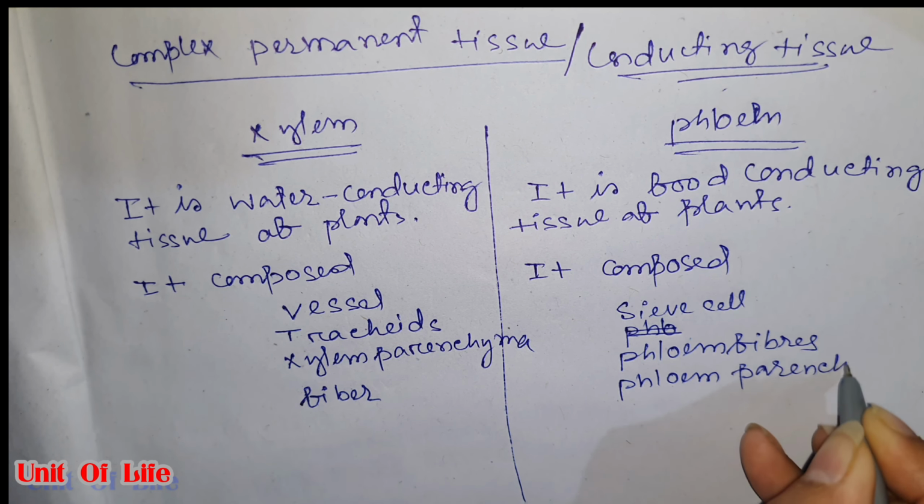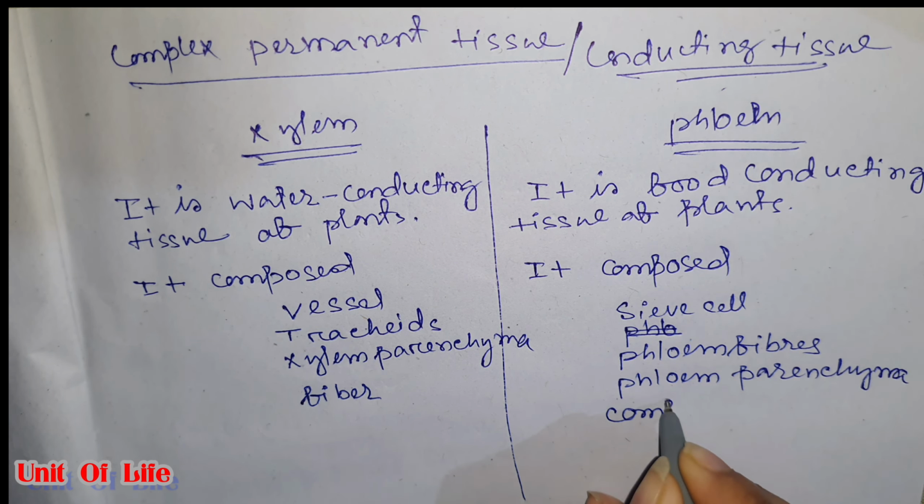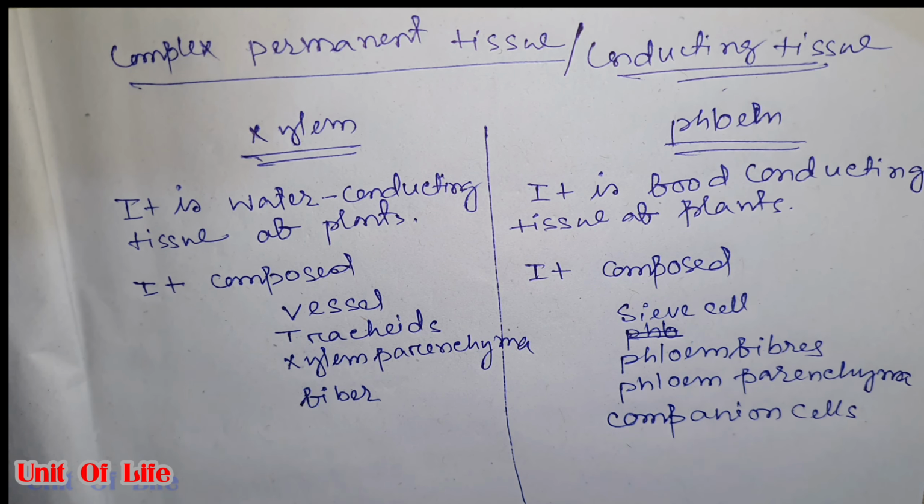Xylem and phloem together are called a vascular bundle, and in this vascular bundle, xylem is present in the inner portion and phloem is located in the outer portion. Xylem and phloem together also constitute the vascular system of the plant body.